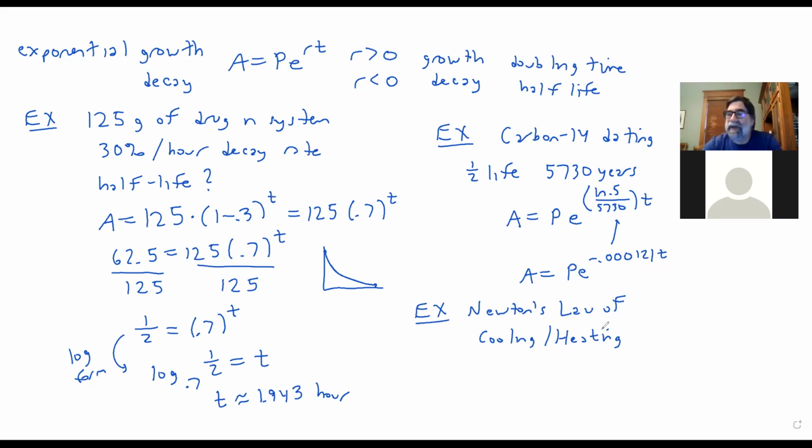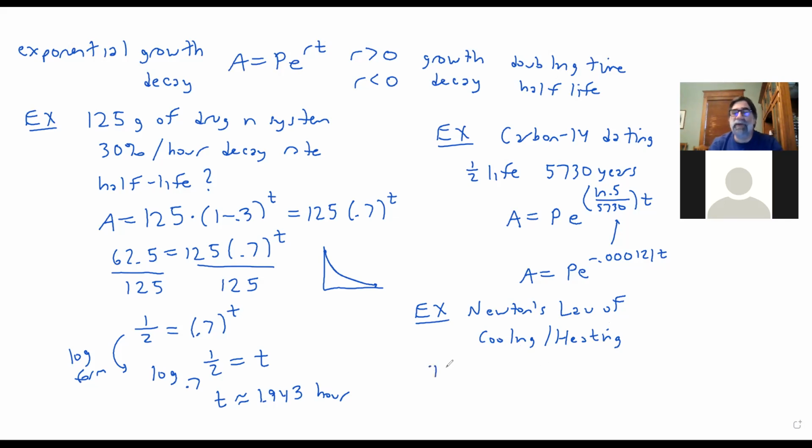The law says if you have something at a warmer temperature and you put it in surroundings at a lower temperature, that higher temperature will eventually decrease down to what's called the ambient temperature, the temperature of your surroundings. That seems to make sense. Take something out of the oven, put it on the counter, it's going to cool. The rate at which it cools is modeled by an exponential function.